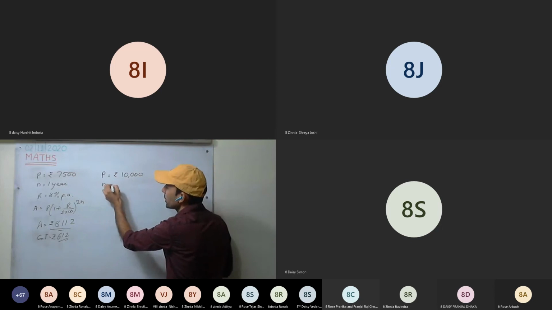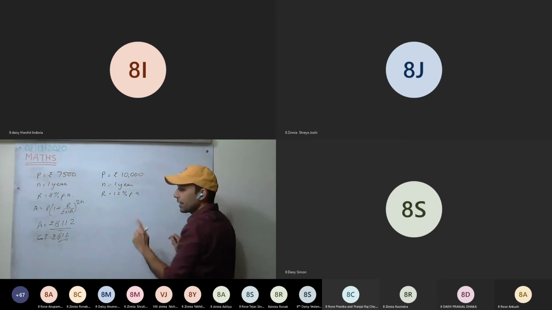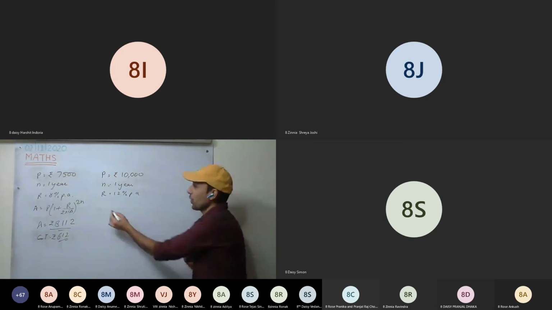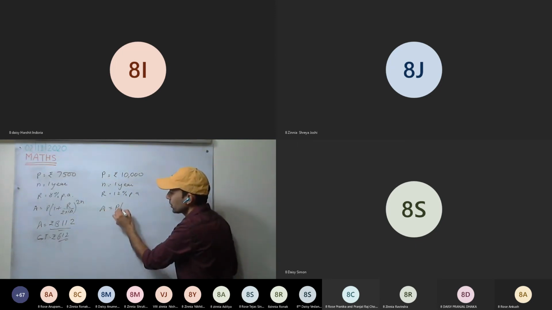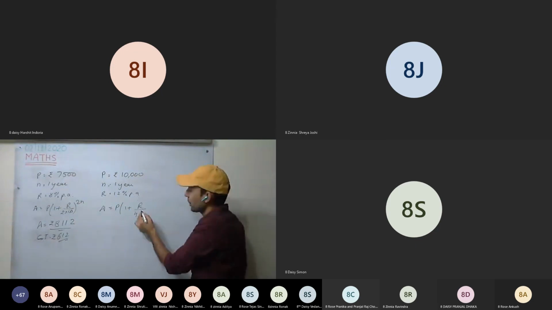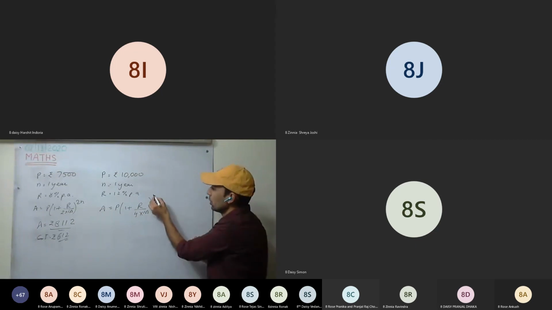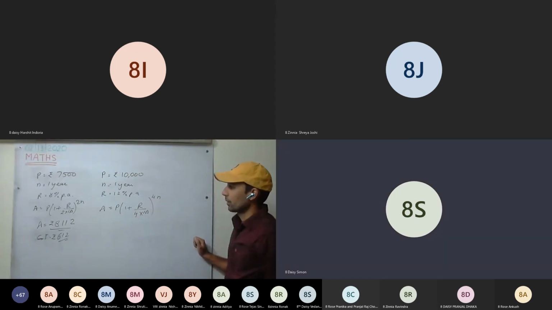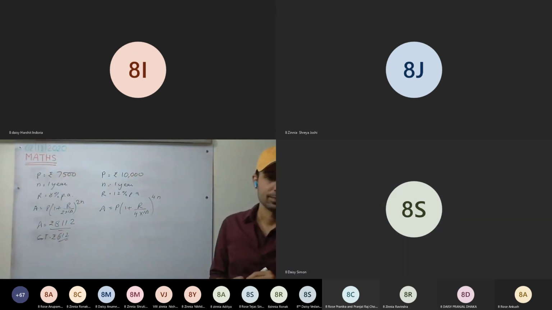N equal to 1 year. Rate is 12% per annum, and it is compounded quarterly. Therefore, formula will be P into 1 plus R upon 4, rate will be R by 4, and how many quarter years? 4n.